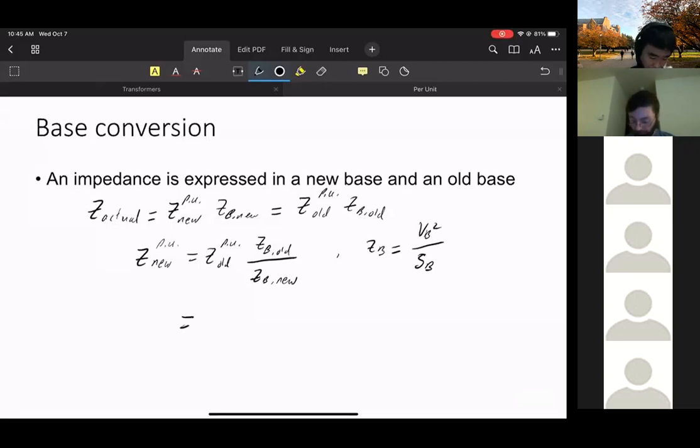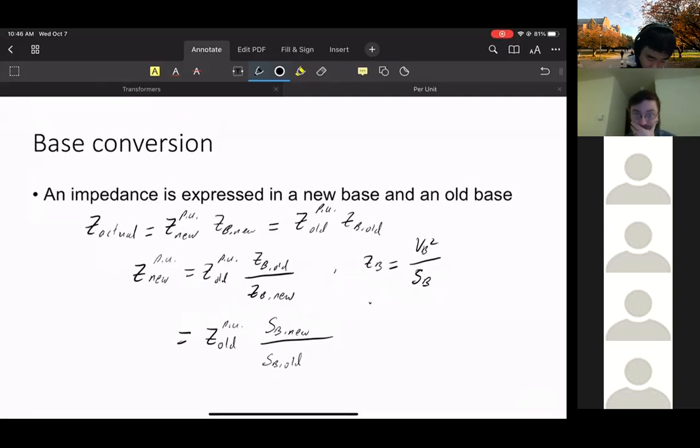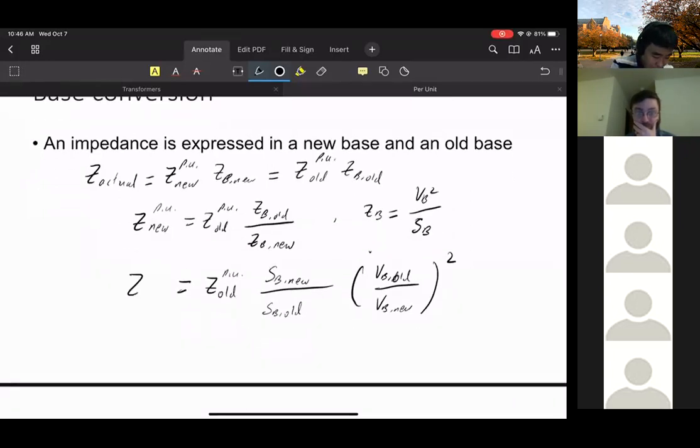Continuing with this equation, we have the new per unit equal to the old per unit times S_B new over S_B old, times V_B old squared over V_B new squared. This is how we convert impedance from one base to another base.